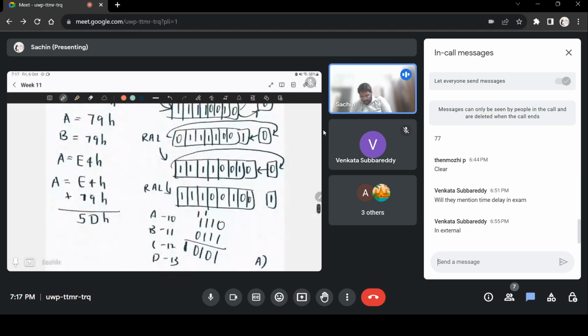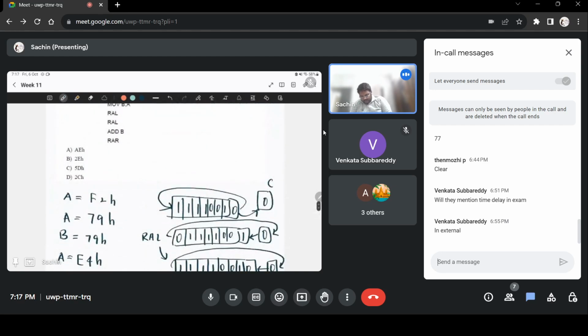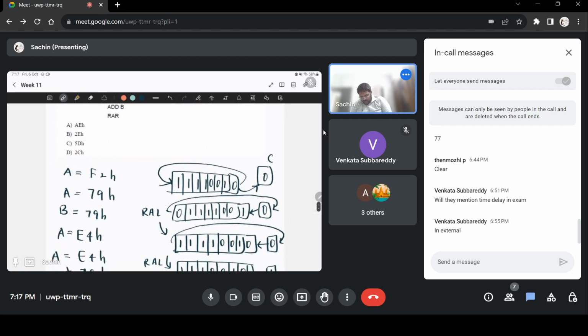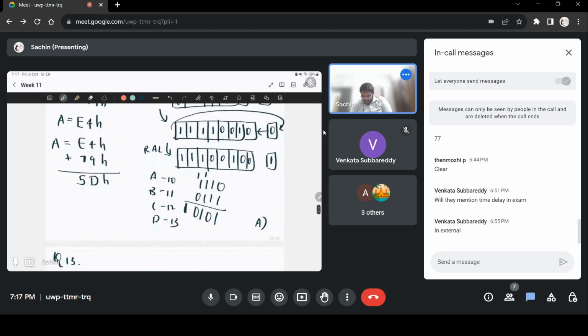And then you have to do RAR. So you have 1 in the carry, you have 0101, you have D, which is 13.